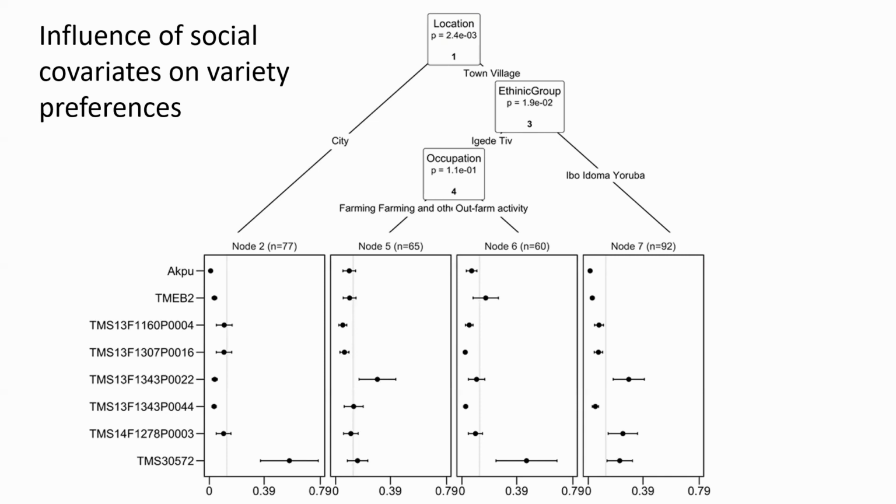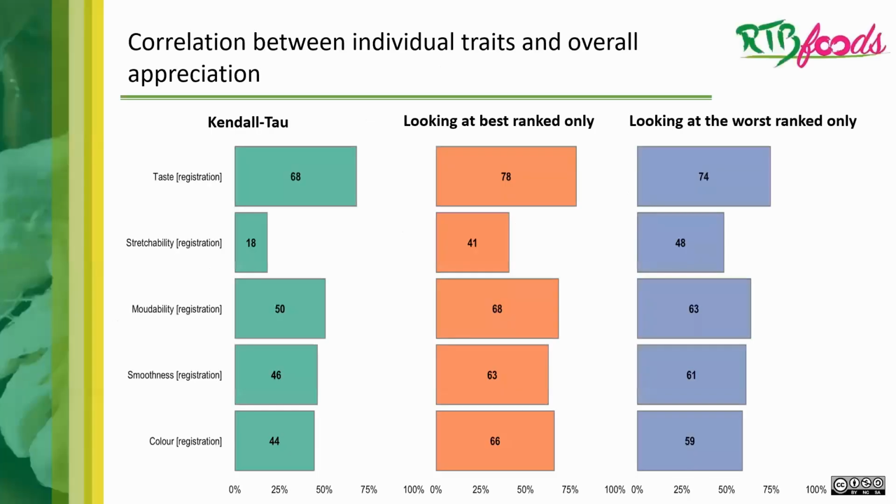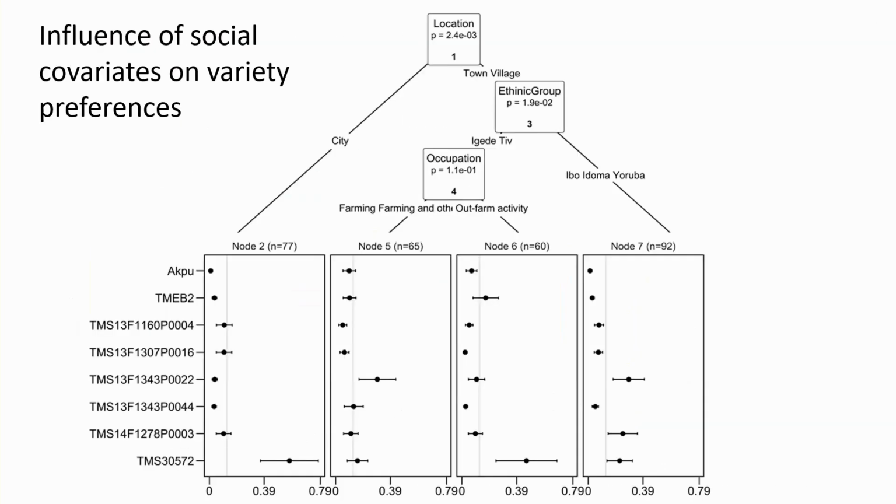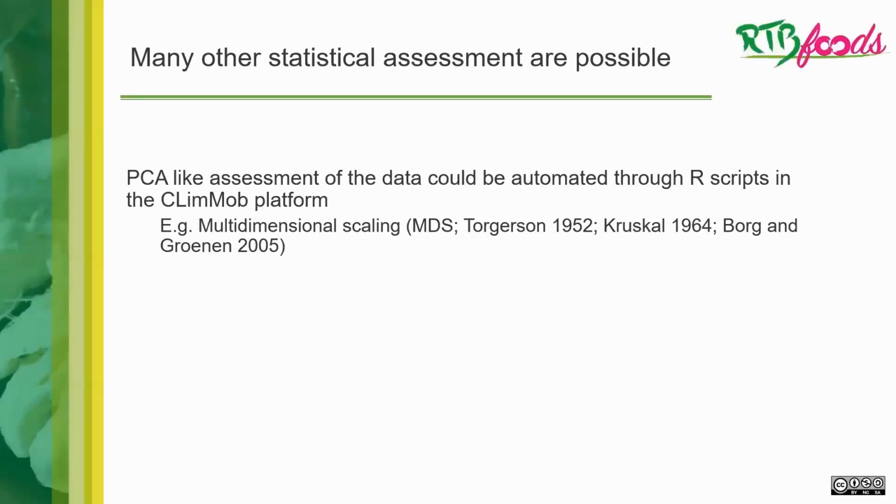And of course, we can go into these nodes and divide this slide by the nodes, and then we can probably see that in the city it's mostly color that is a trait that is important. But this can be analyzed further and made more precise.